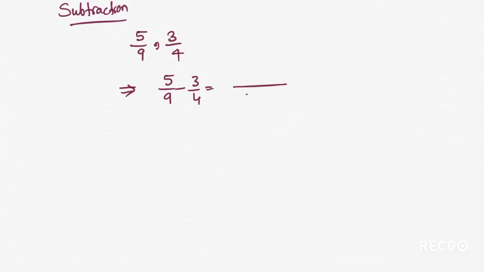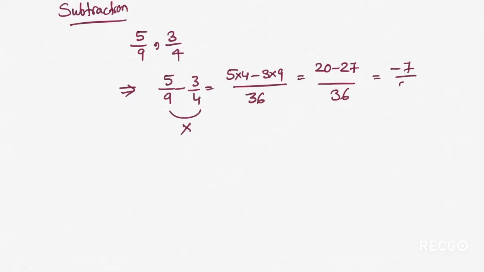We have to take the LCM. 36 is the LCM because there are no common factors, therefore we directly multiply 9 and 4, and the denominator is 36 and the numerator is 5 into 4 minus 3 into 9, equal to 20 minus 27 by 36, equal to minus 7 by 36.